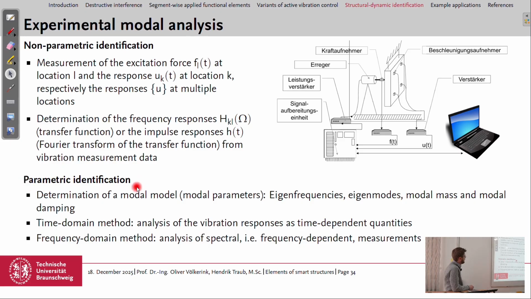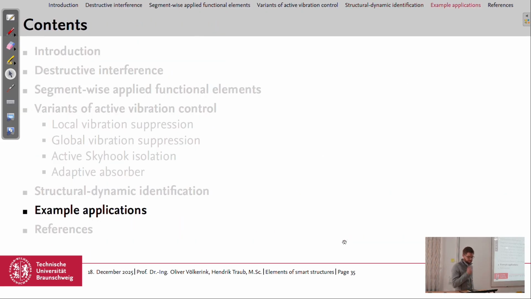And in case of the parametric identification, we really determine the modal parameters, so the eigenfrequencies, the eigenmodes, the modal mass, and the modal damping, and the modal stiffness, which is missing here. And this we can do in the time domain or in the frequency domain, and then transform it.